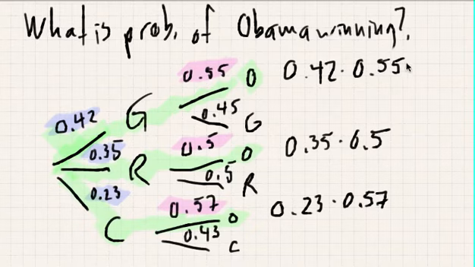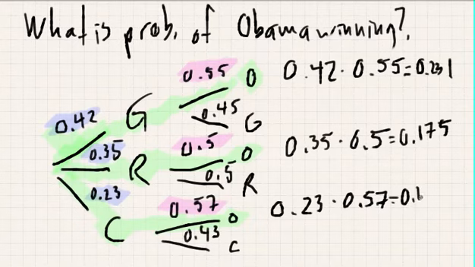So let me write those numbers down for your edification. These numbers work out to be 0.231, 0.175, and 0.1311. So 23% of the time we expect Gingrich to run and Obama to win. 17.5% of the time we expect Romney to run and Obama to win. And 13% of the time we expect Cain to run and Obama to win.